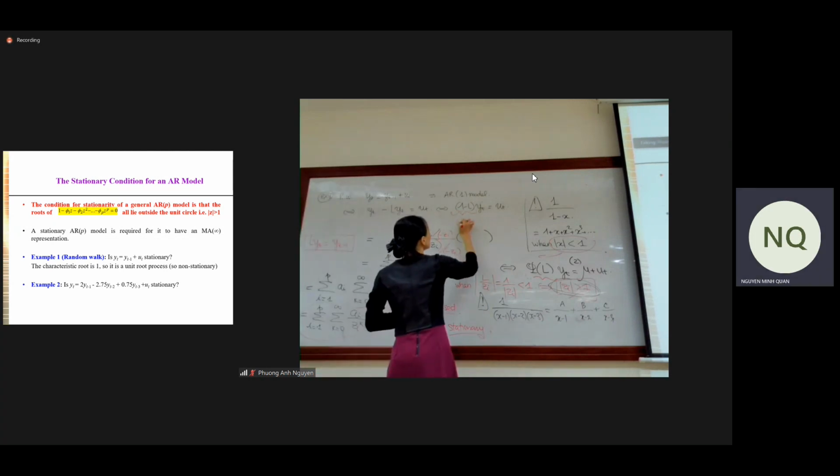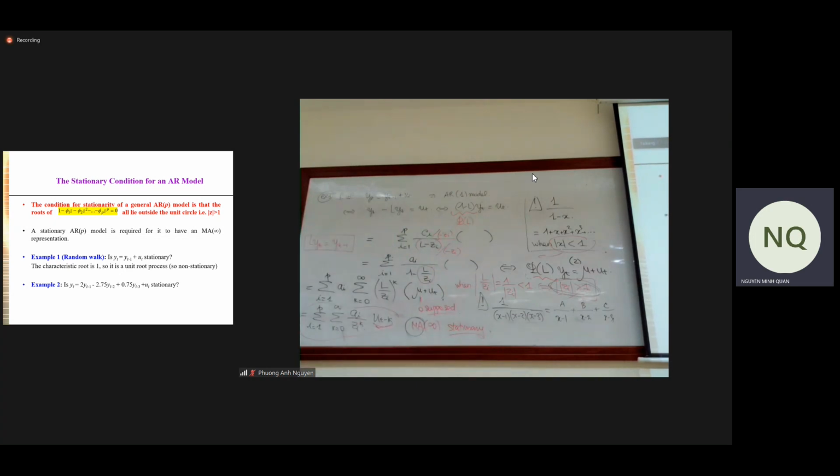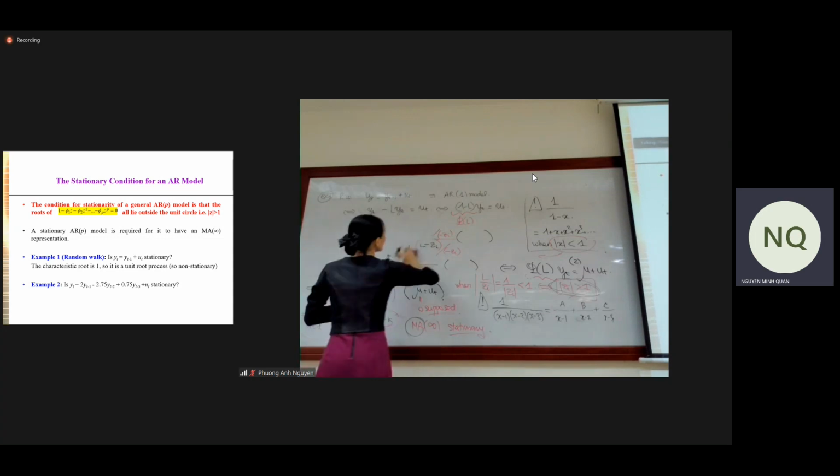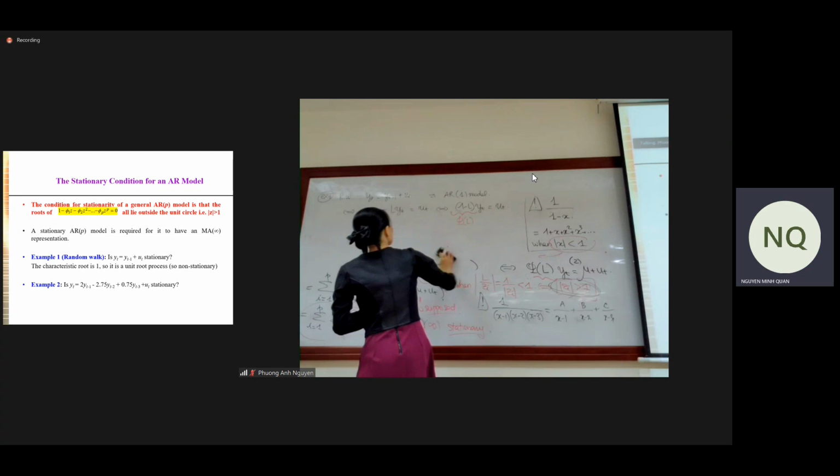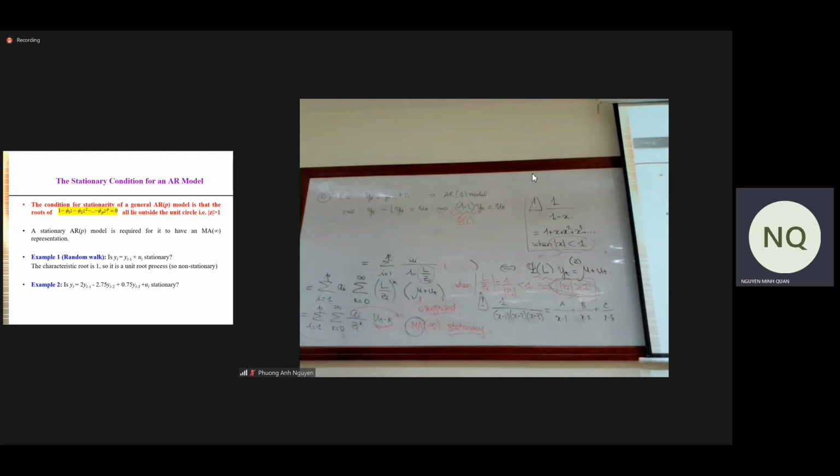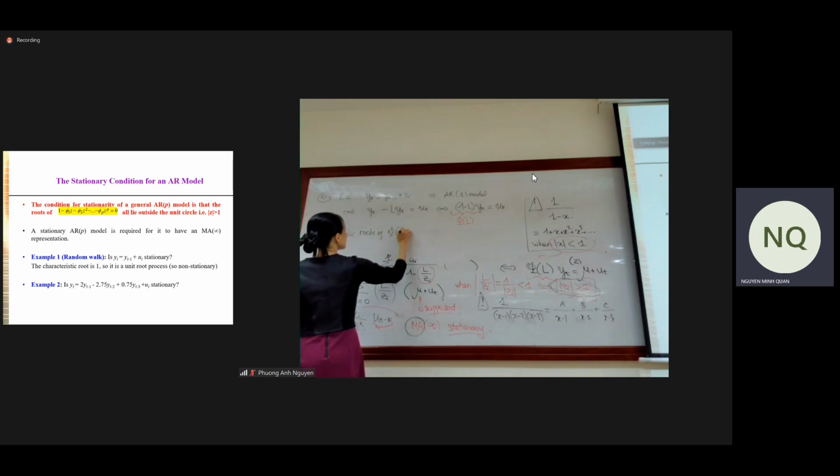Phi(L) is this polynomial operator. Then you look for the roots of phi(L). The roots of phi(L) we also call the characteristic roots.